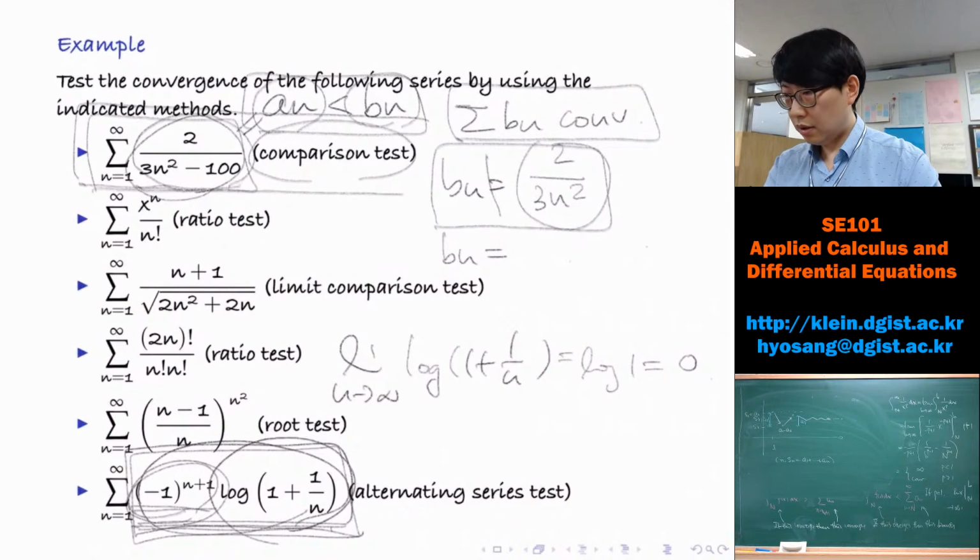So the first series can be checked in two ways for convergence and divergence.